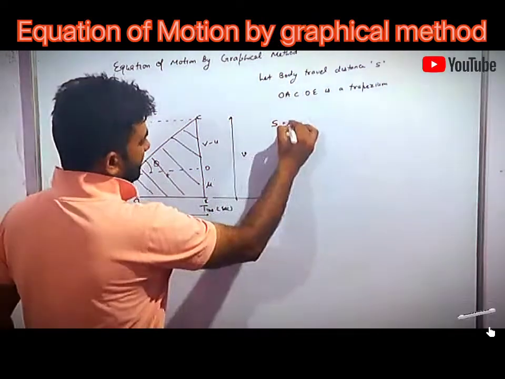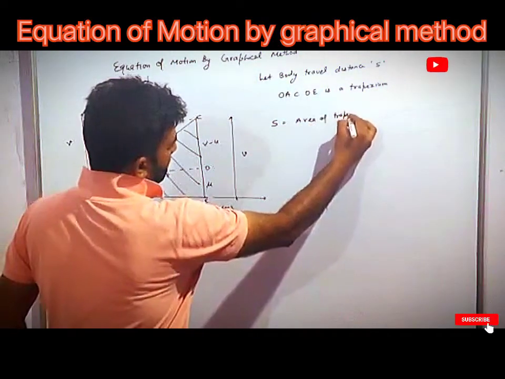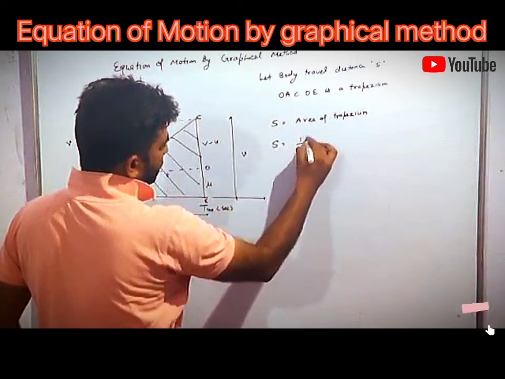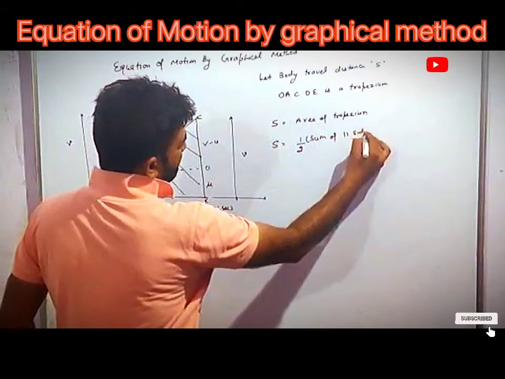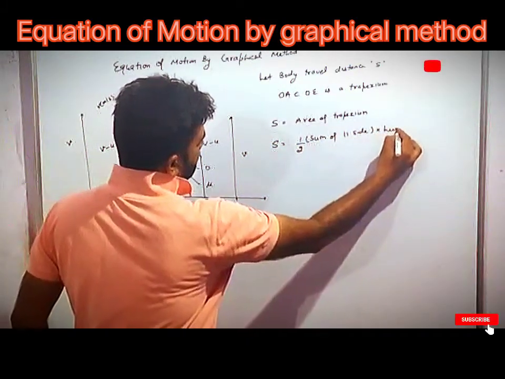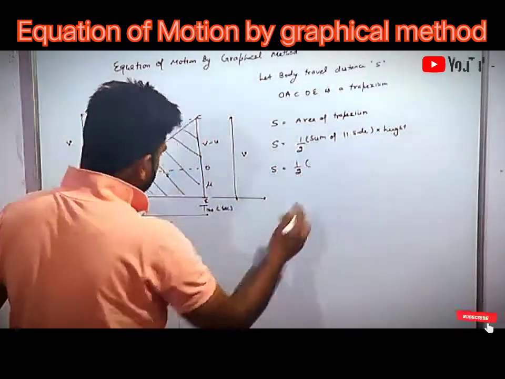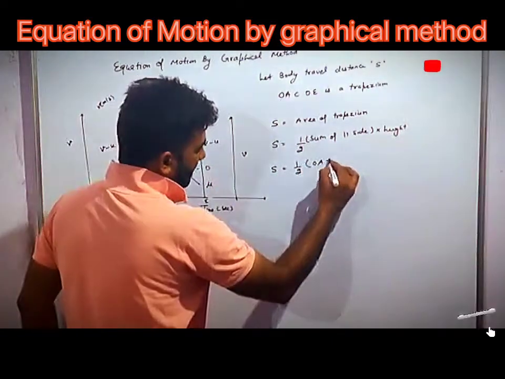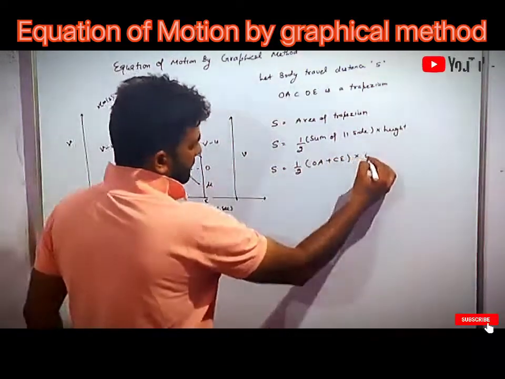So distance is equal to area of trapezium. S is equal to 1 by 2 into the sum of parallel sides multiplied by height. The parallel sides are OA and CE, so OA plus CE into the height OE.